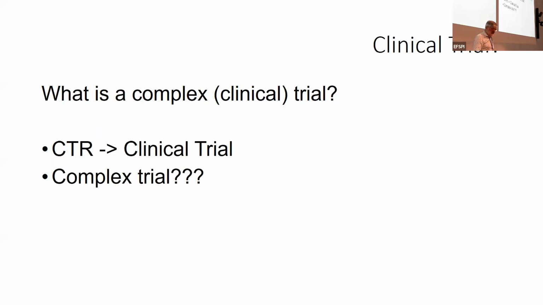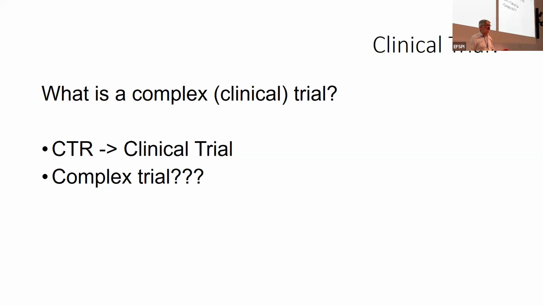Good. Now, to go back and get a bit of focus in this long story, beautiful bow, I hope. Okay. What is a complex clinical trial? Not so easy. If you've got a law, you apply the law. We've got a law, clinical trial regulation.